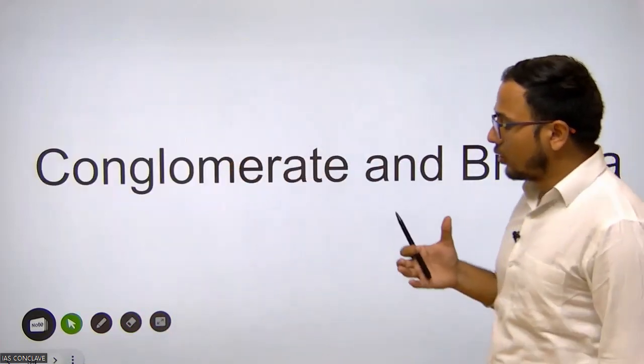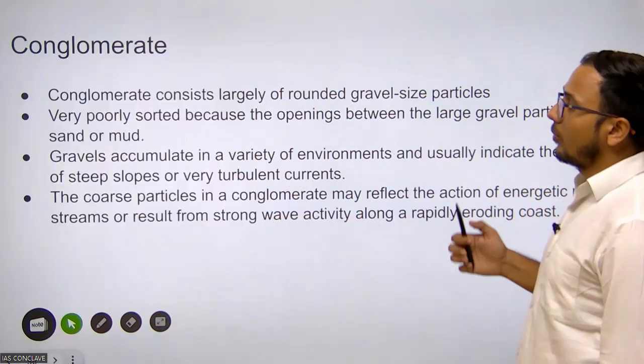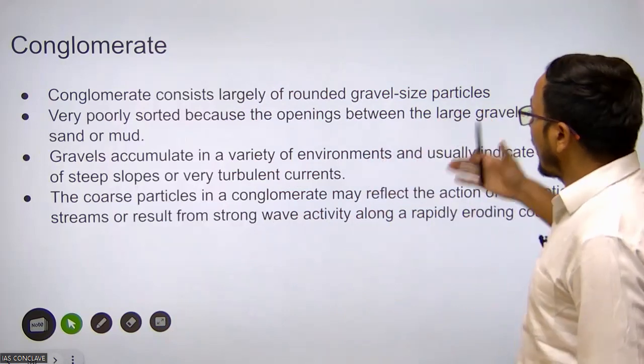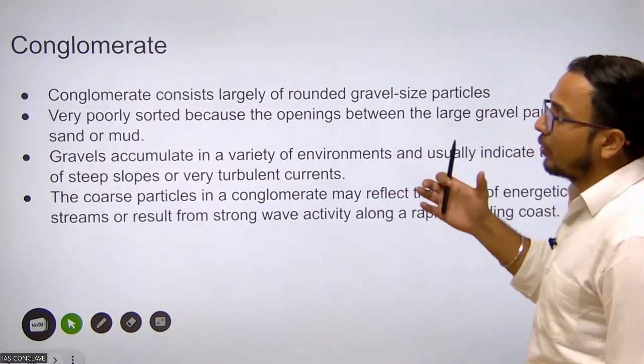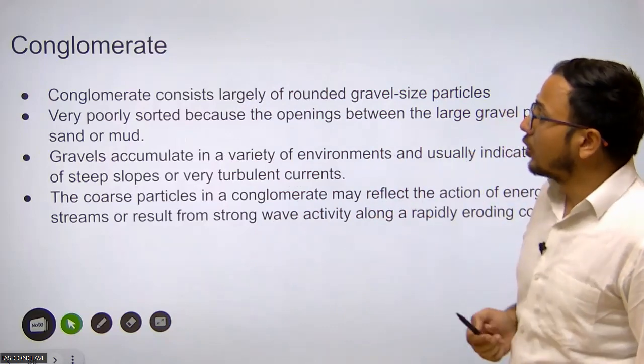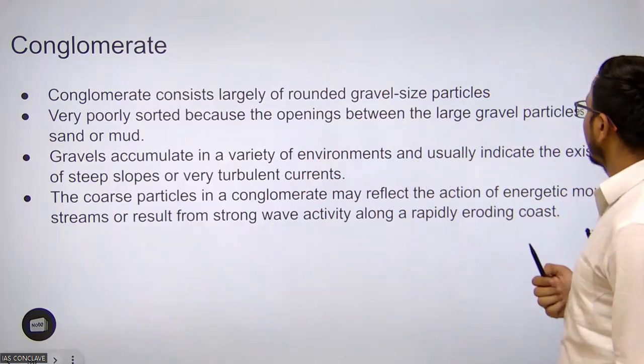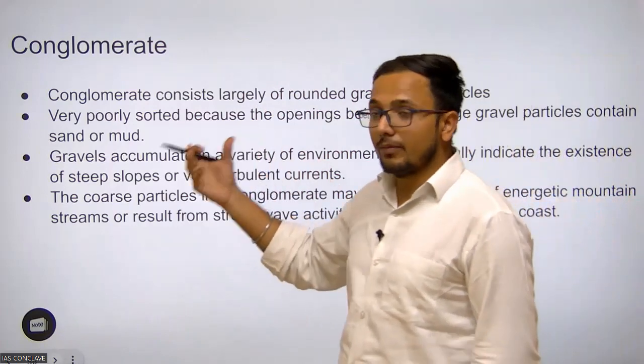Conglomerate and breccia. What is the difference between conglomerate and breccia? Conglomerate consists largely of rounded gravel-size particles. But if you look at breccia, you will find angular particles there. These are very poorly sorted because the openings between the large gravel particles contain sand and mud.